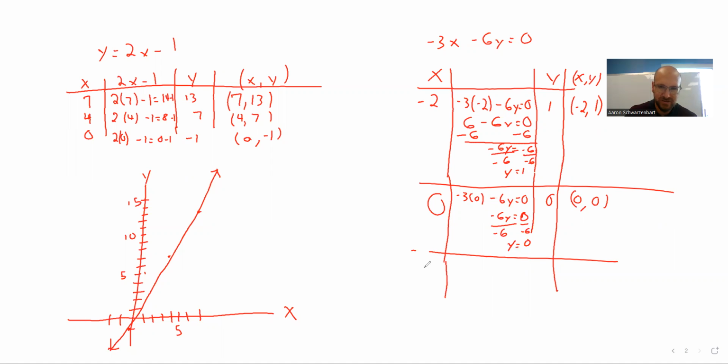Now I'm going to do 3. -3 times 3 is -9. I will add 9 to both sides because I'm trying to isolate the y.